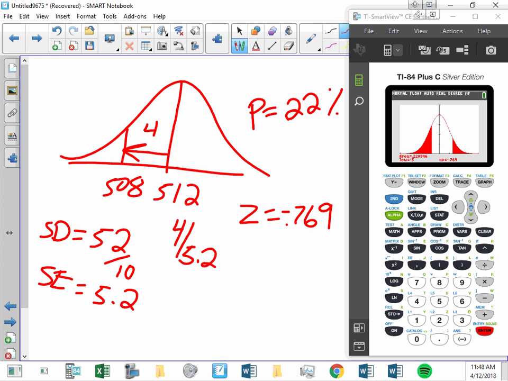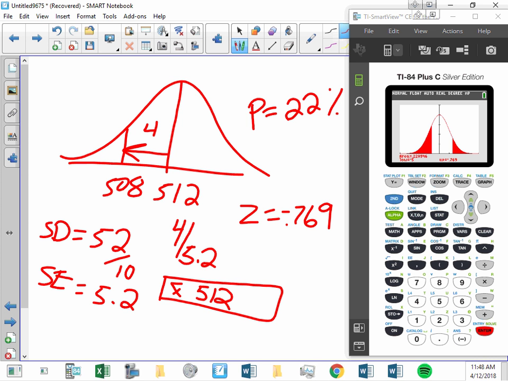So in the box model, we don't know what's in the box, right? We know that the average of the box is 512. We assume that the average of the box is 512. But what's really in there?